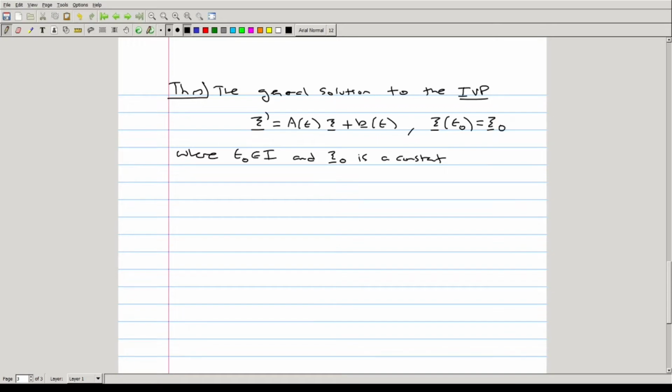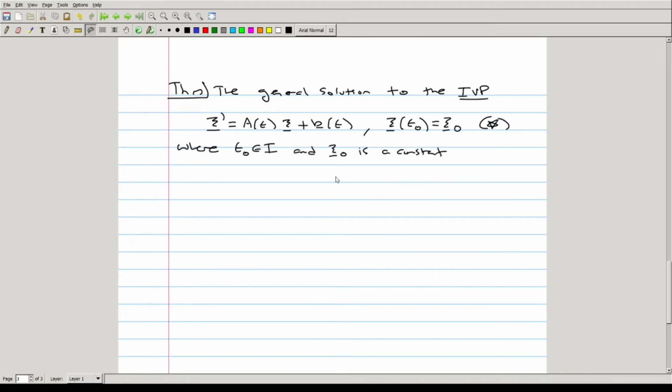So the general solution to this IVP, which a little bit later on we'll call the differential equation with the initial value star, exists and is unique on the interval I.